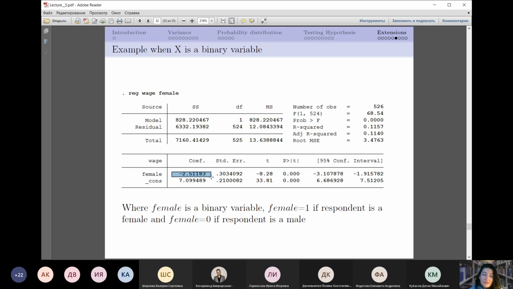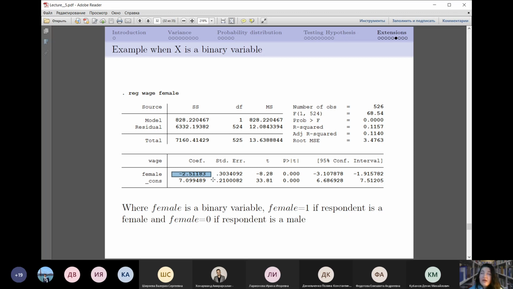The main difference, if we compare how we interpret the result for continuous variables with the result for binary variables, is that we need to compare two groups. So based on these regression results, females have a wage that is 2.5 dollars per hour less than males.